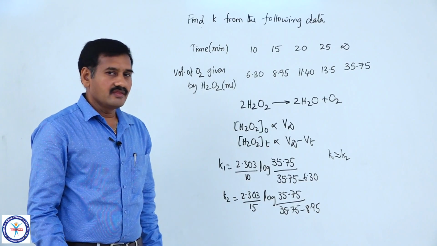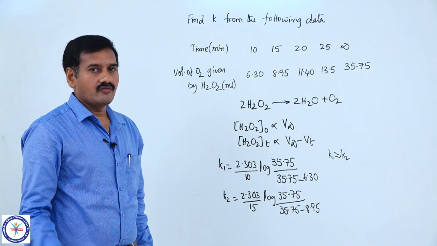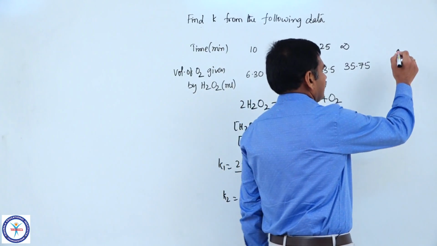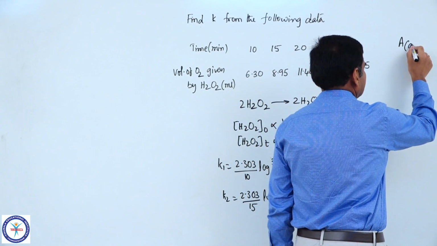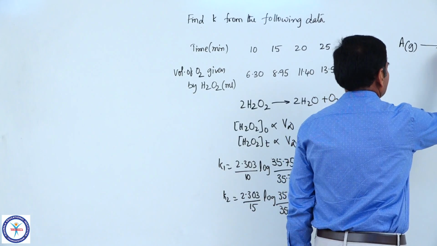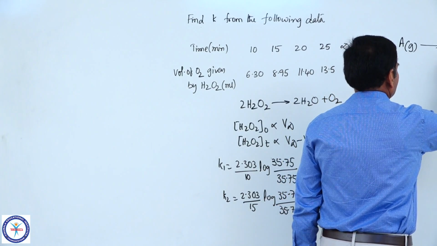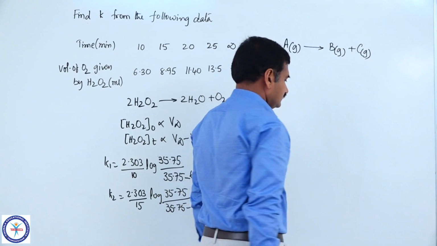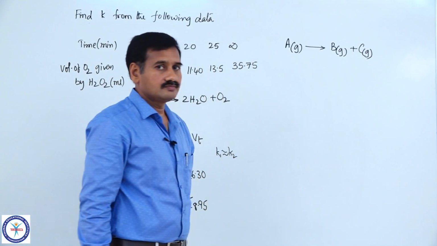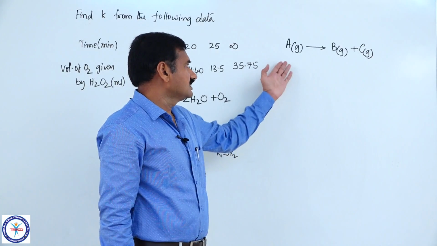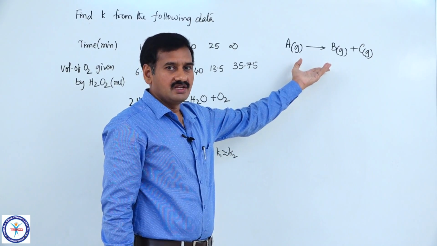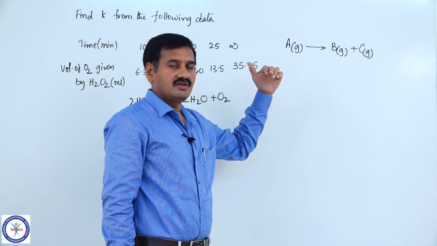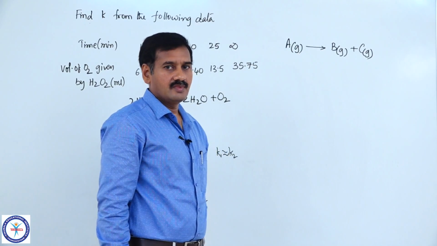Then another type of question that can be given is: some reactant A in gaseous state may give B gas and C gas on dissociation. If that is the hypothetical equation given to you, now the information given to you will be pressures.